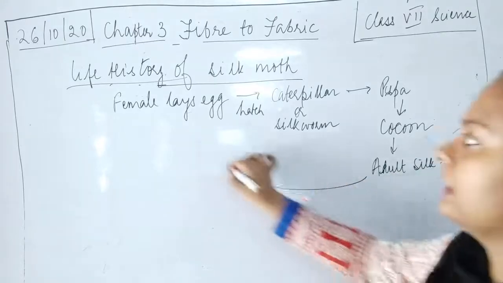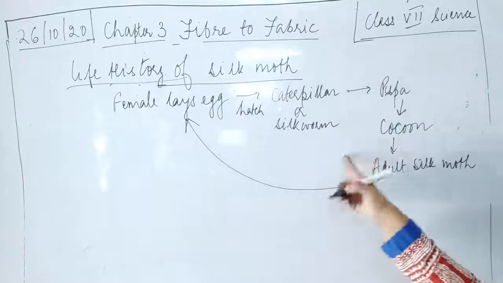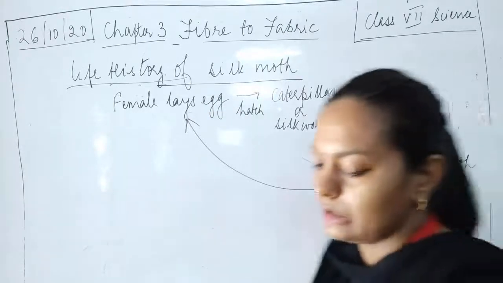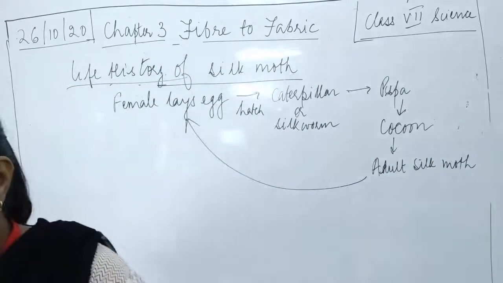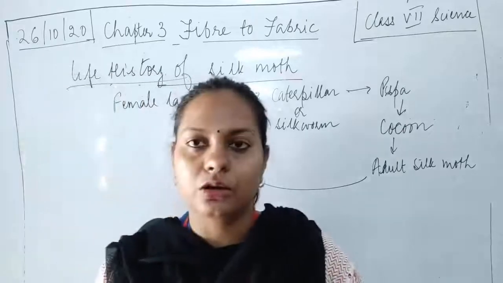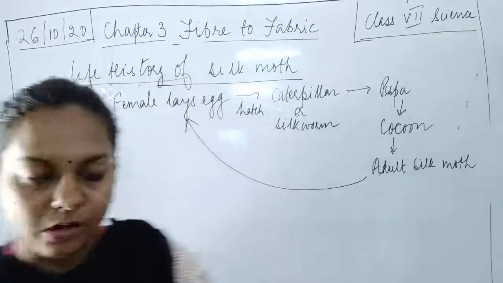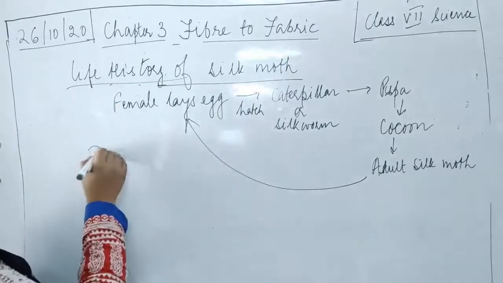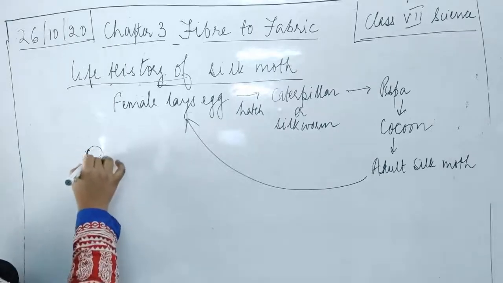Again it lays eggs, forms caterpillar, pupa and cocoon, and then the adult again.